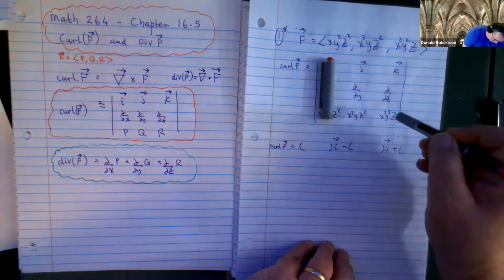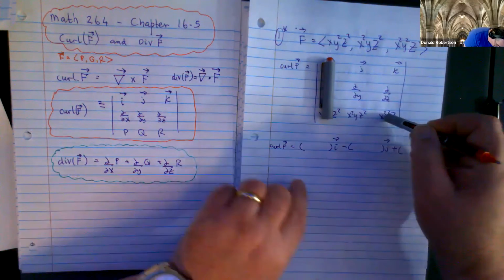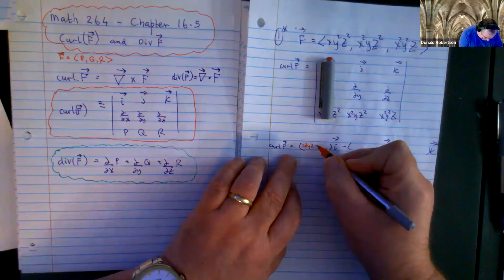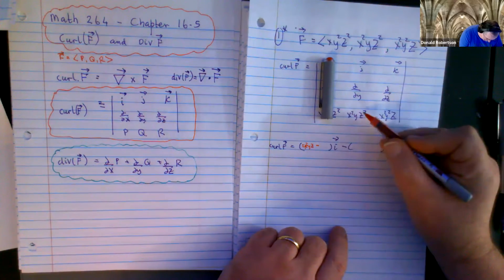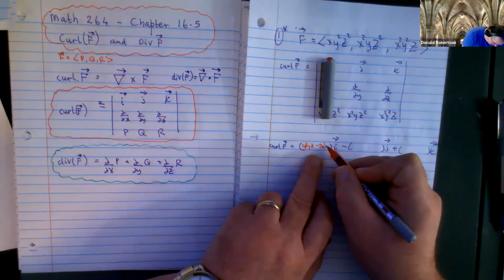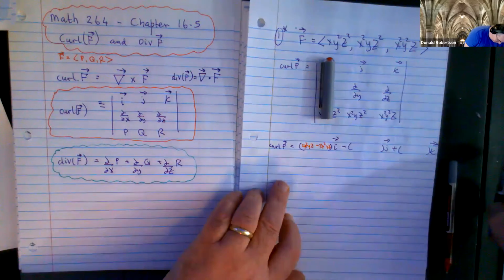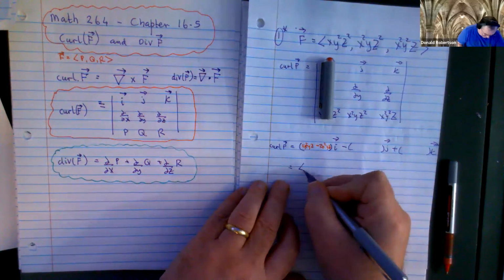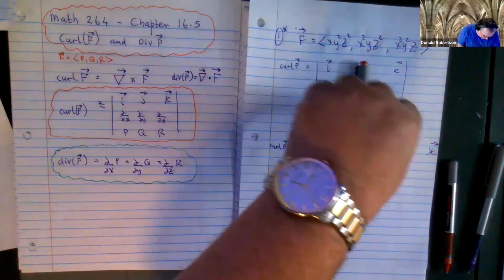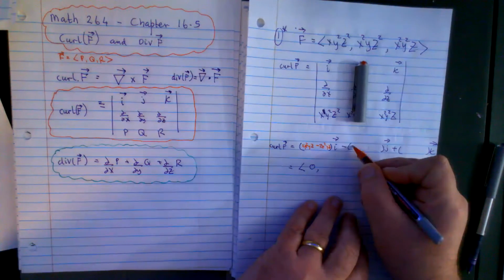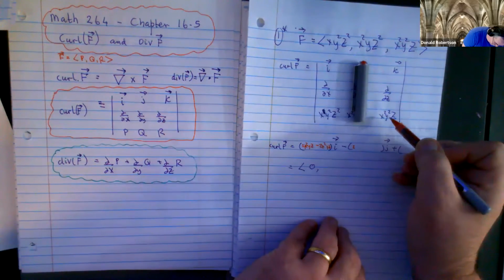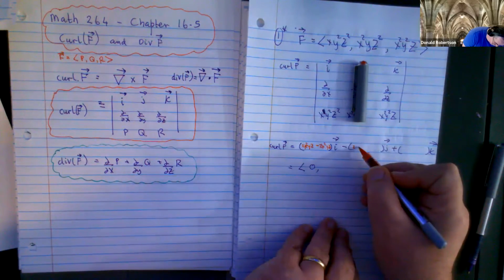Differentiate this with respect to y, and you get 2x squared yz. Take away the minor diagonal. If you differentiate this with respect to z, you get 2x squared yz, which is 0. Okay, move to the middle one. Major diagonal, if you differentiate this guy with respect to x, you get 2xy squared z.